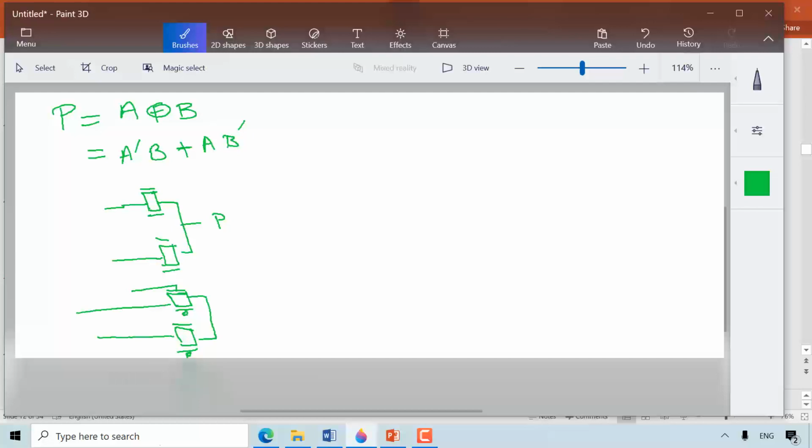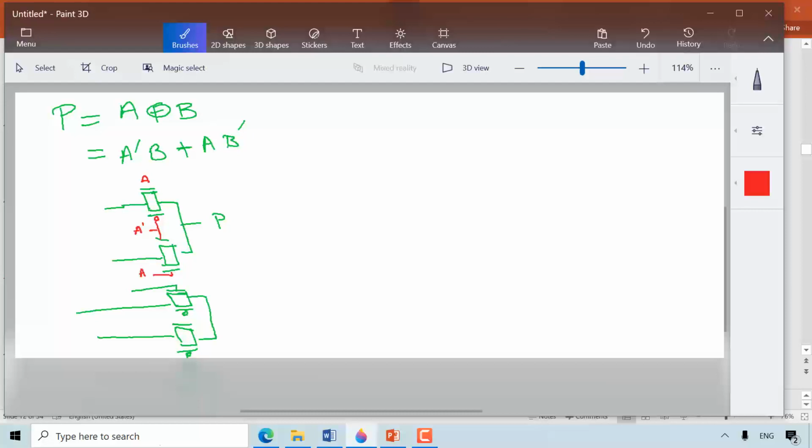Okay, so let's see. We can design it as such. Here, for instance, I have A as a control signal, and I have here A prime, and I have here A as well.